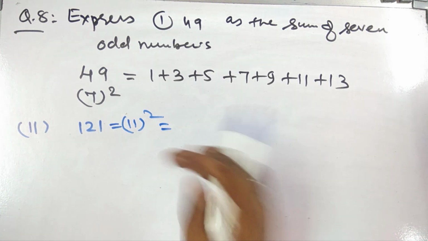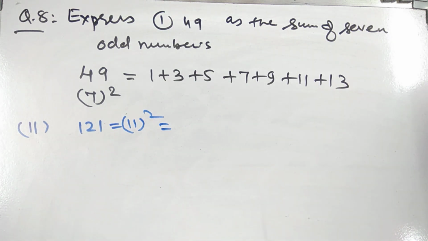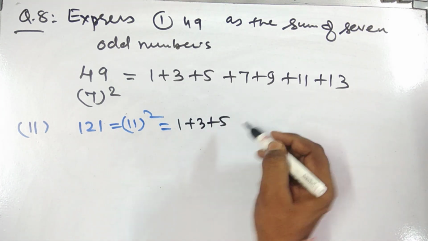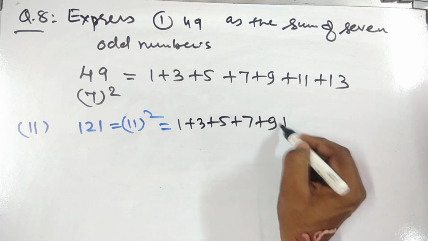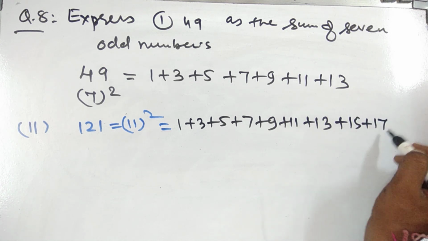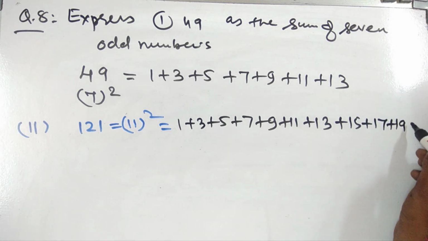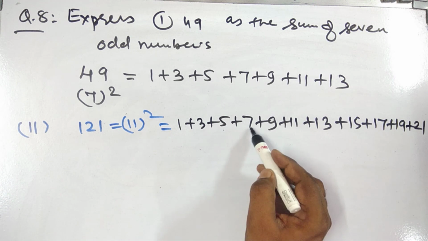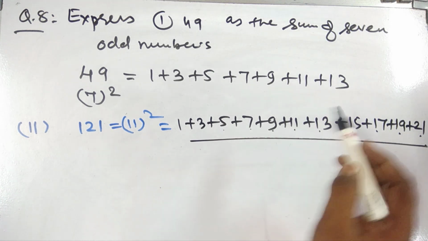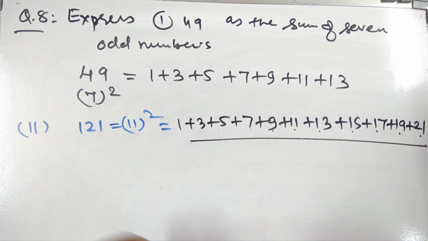So the sum of the first 11 odd natural numbers is 1 plus 3 plus 5 plus 7 plus 9 plus 11 plus 13, 15, 17, 19 and 21, students. 1, 2, 3, 4, 5, 6, 7, 8, 9, 10 and 11. This is the sum of the first 11 odd numbers.